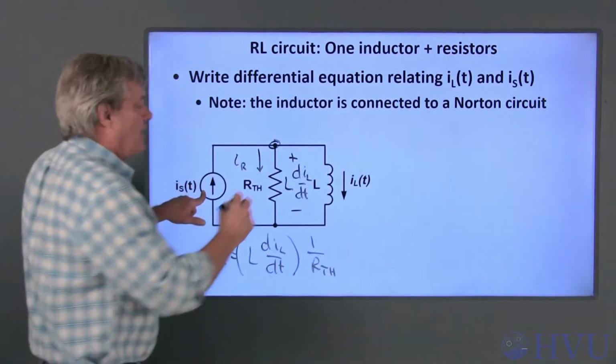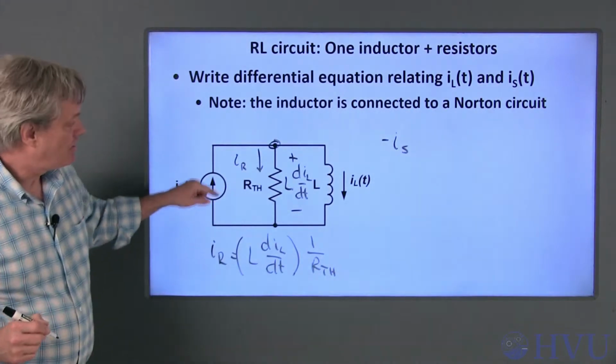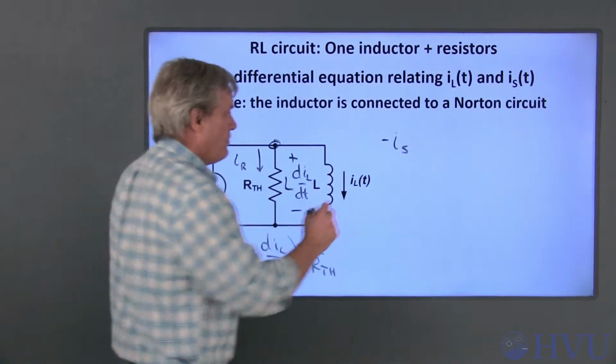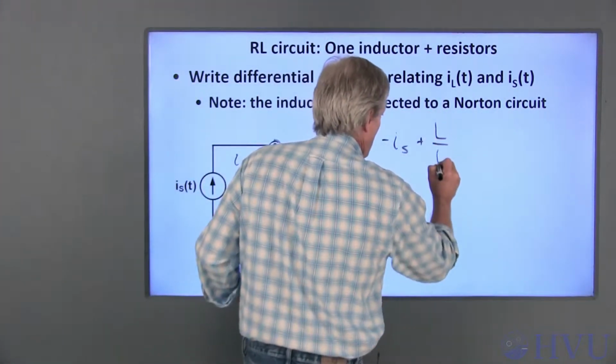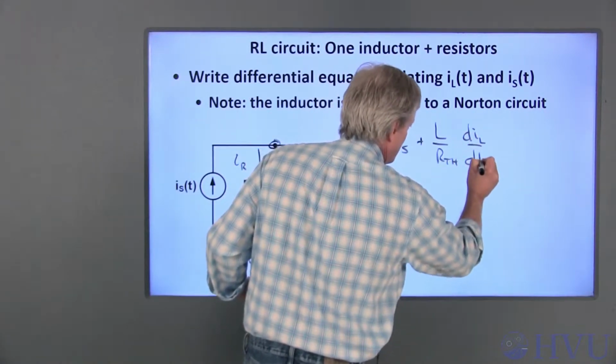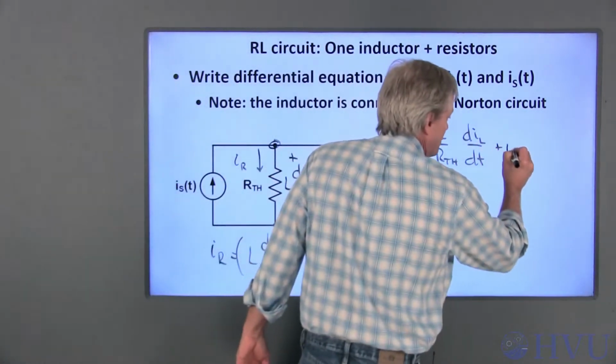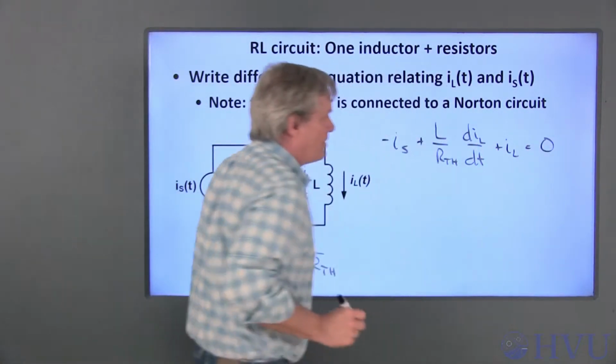Now KCL: Is of t is entering the terminal, so I'm going to call that a negative contribution, plus IR, which is L over RTh times dIL by dt, plus the inductor current, which is IL of t. That sums to 0.